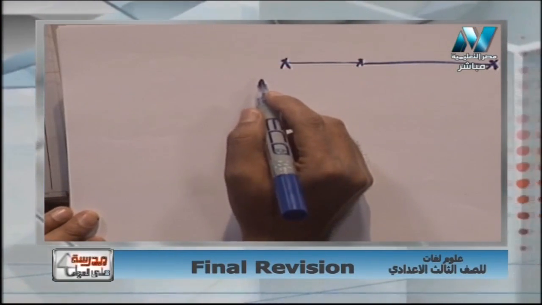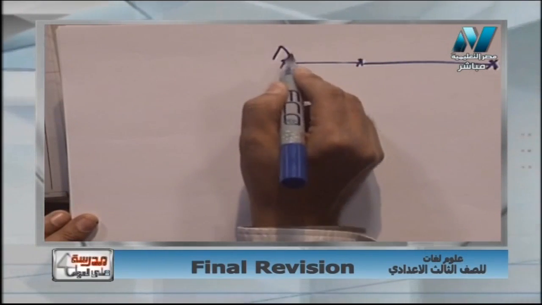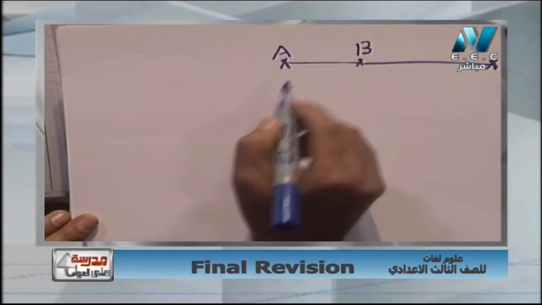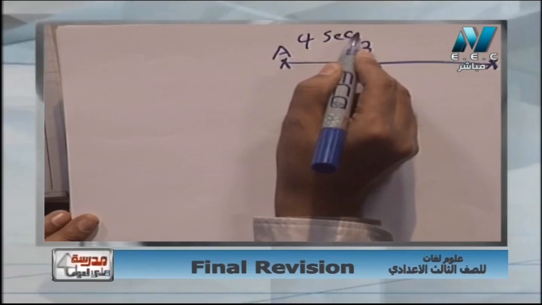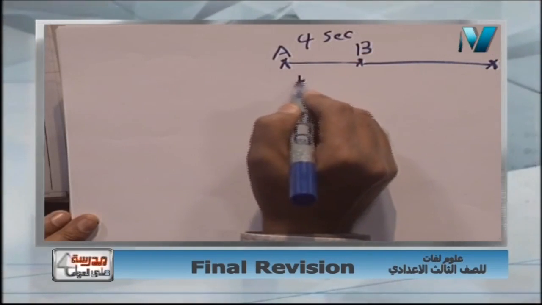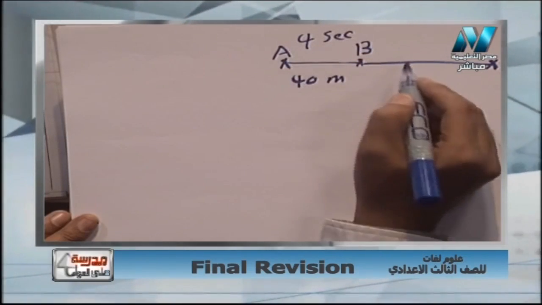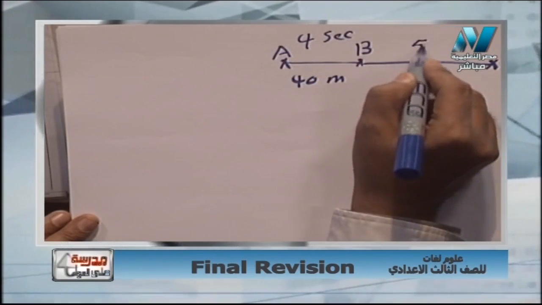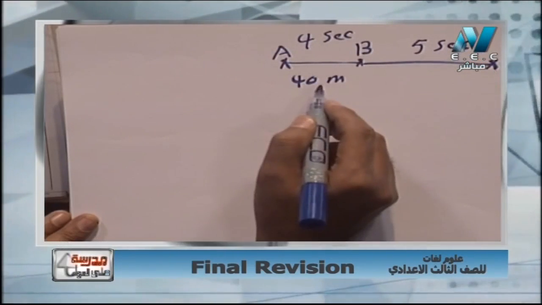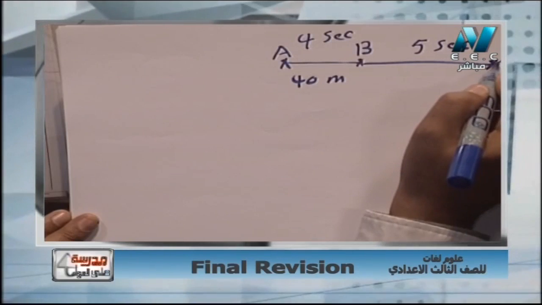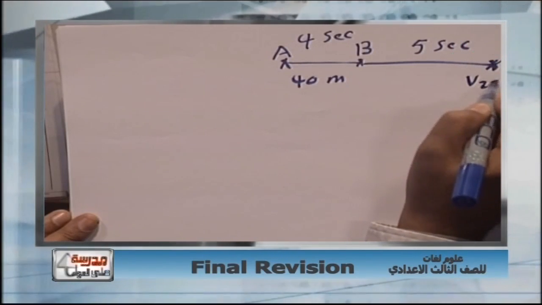He says that an object moved from A to B in 4 seconds. It took 40 meters in 4 seconds. And from B to C in 5 seconds, until he stopped. Stopped here means V2 equal 0.